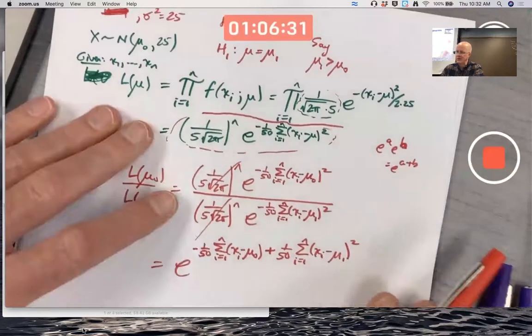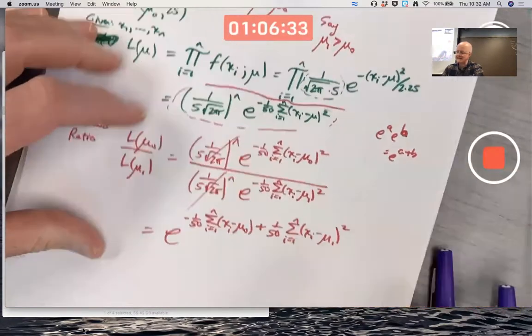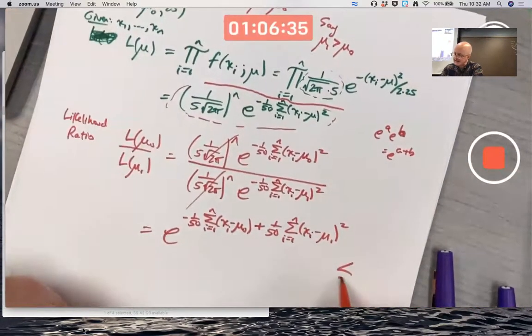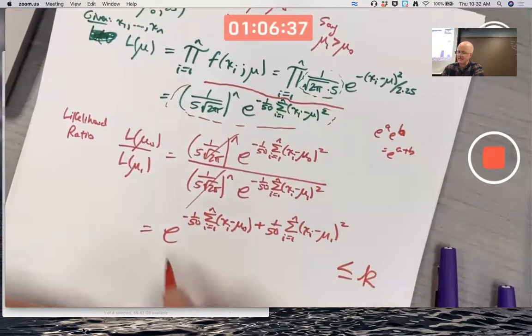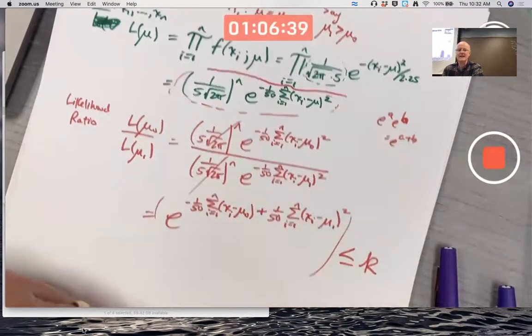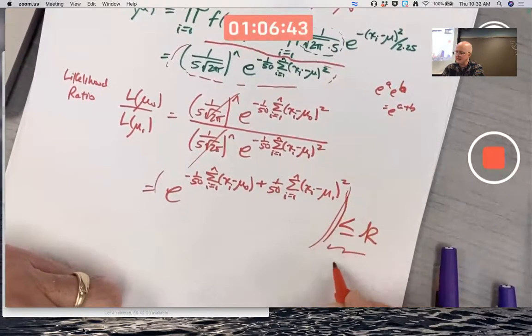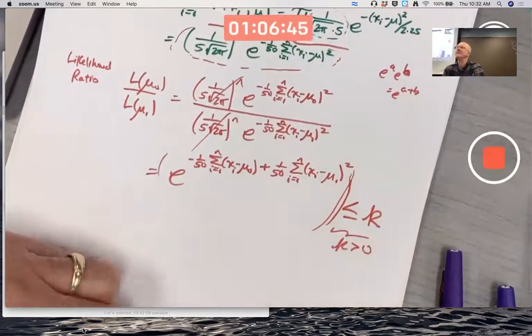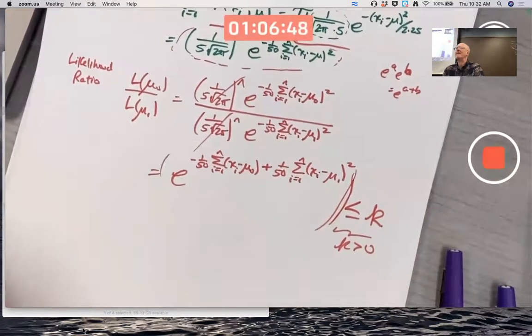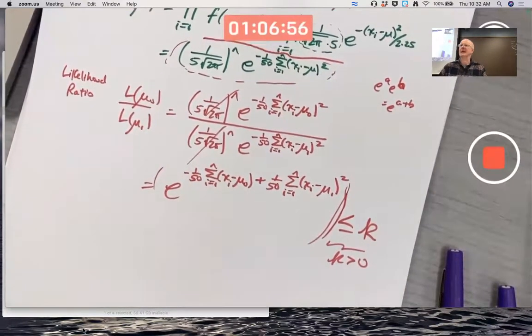We're after the critical region to be a set of x values that satisfy an inequality like this, where this whole thing is less than or equal to some number k, some positive number k. What we're saying is the critical region takes that form. And it's really a subset of n-dimensional space.